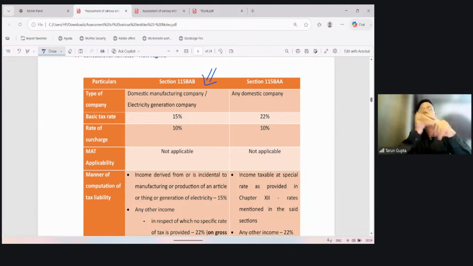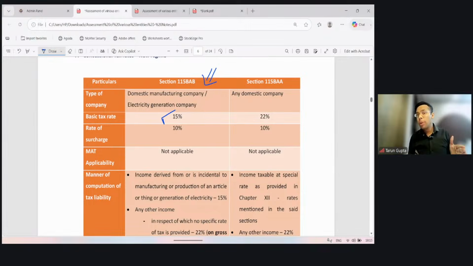So if you are a company which falls under this provision within this period and satisfies the conditions, which we'll discuss in a minute, then the income from such manufacturing or electricity generation shall be taxable at a rate of 15%. Earlier, the company was taxable at the rate of 25% or 30%, as we just saw in the old regime.